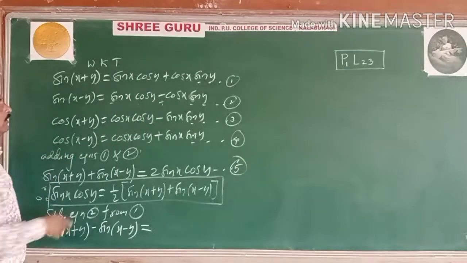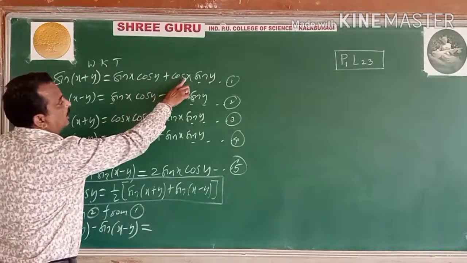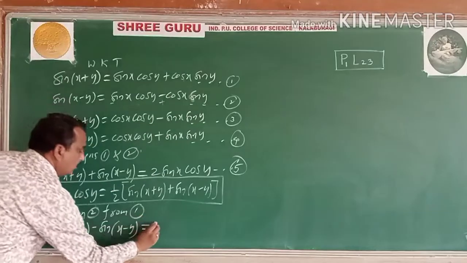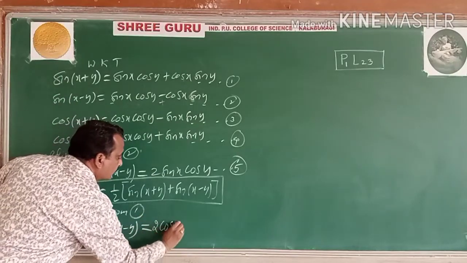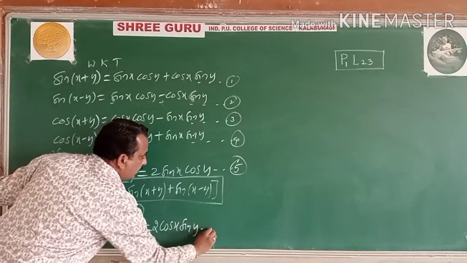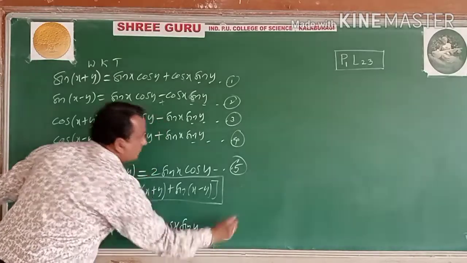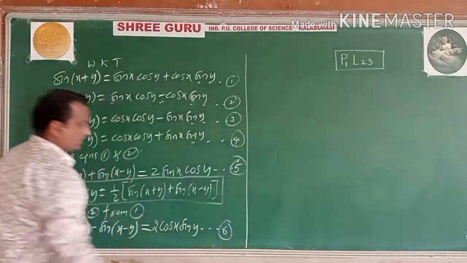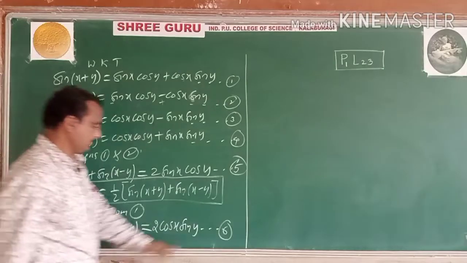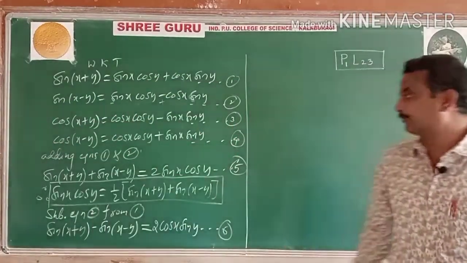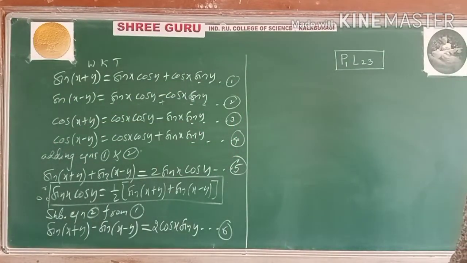Sin x cos y and sin x cos y get cancelled. Cos x sin y plus cos x sin y gives 2 times cos x sin y. Call it equation number 6.